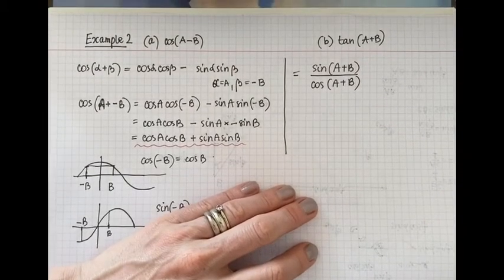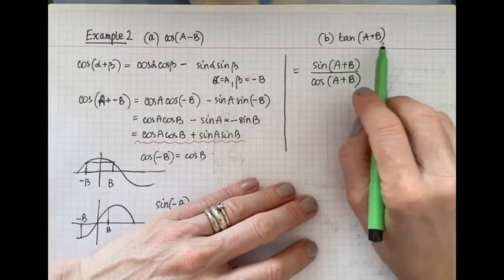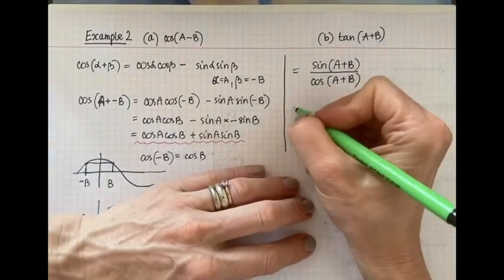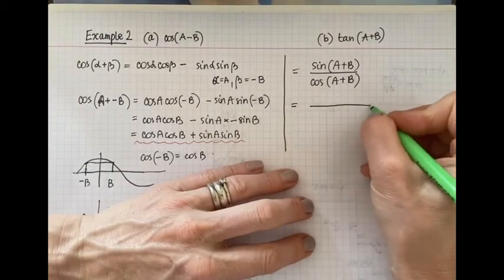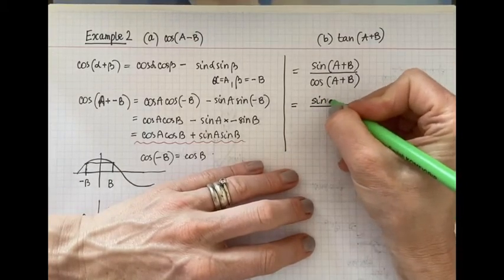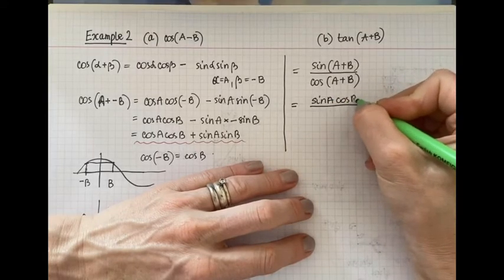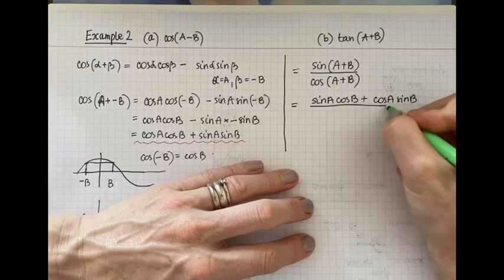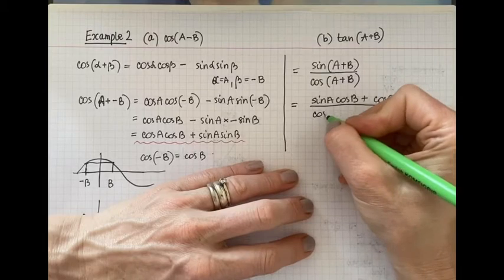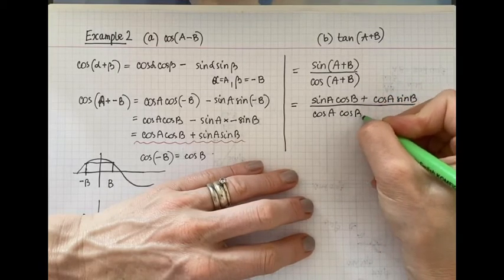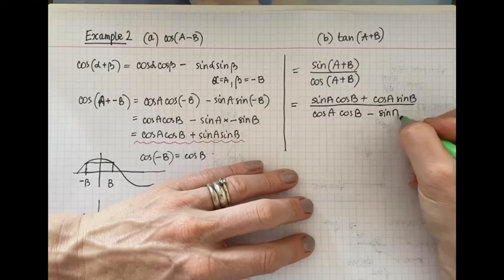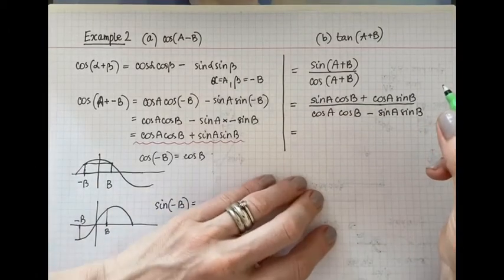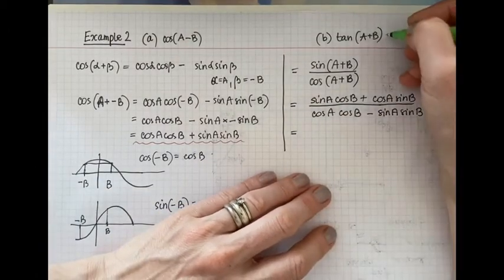Now, for proving tan A plus B, we are going to rewrite tan A plus B as sine A plus B over cos A plus B. Now, we can express the numerator as our expansion: sine A cos B plus cos A sine B. And in the denominator, we are going to have cos A cos B minus sine A sine B. Now this result we've already quoted before.